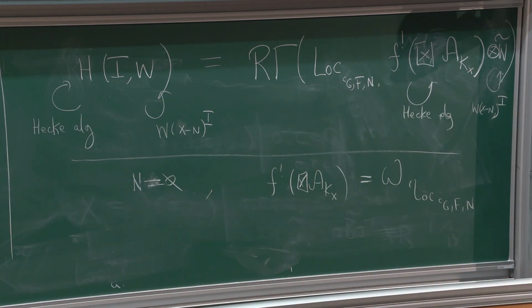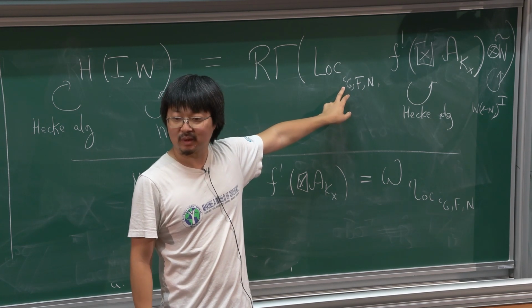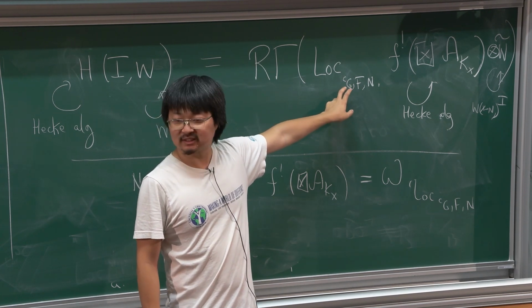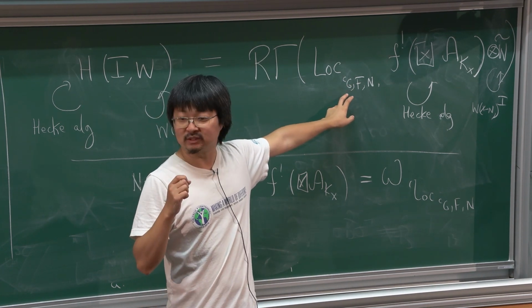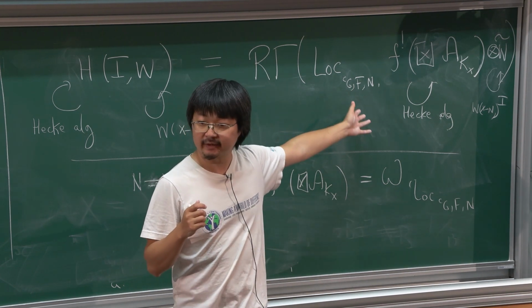And then I want to talk about even in the everywhere unramified situation, in general, the geometry of this stack is complicated. So I will just localize this at some nice point, an isolated smooth point, to see what happens. Okay?